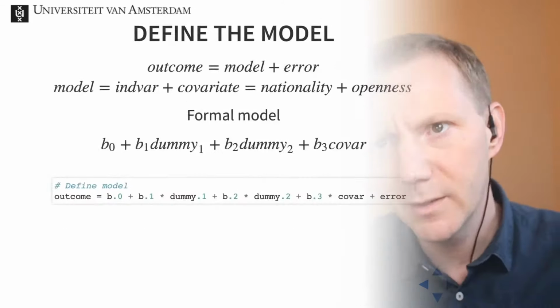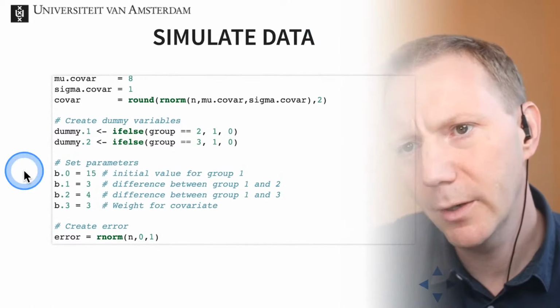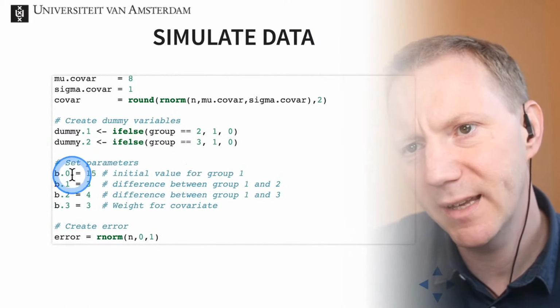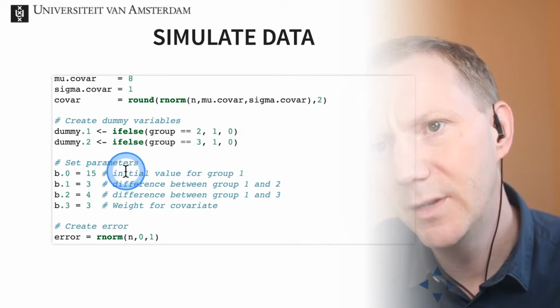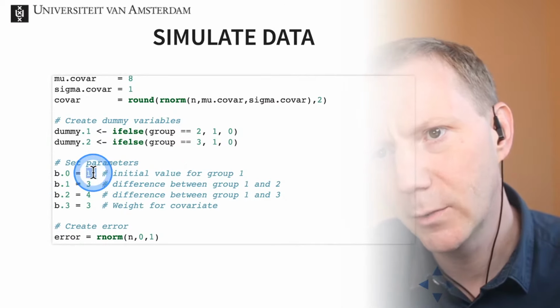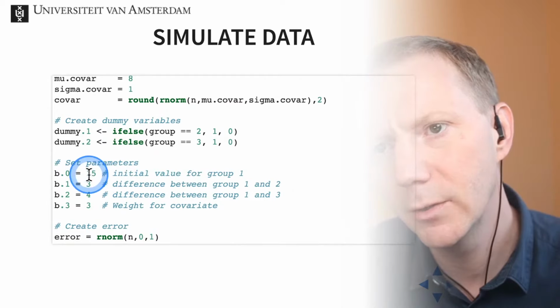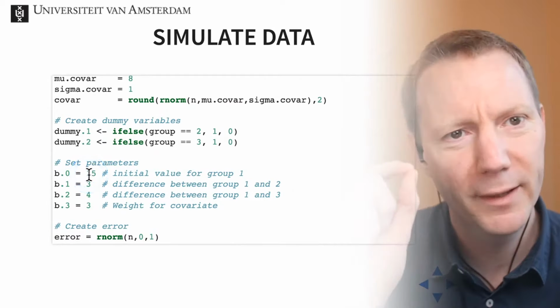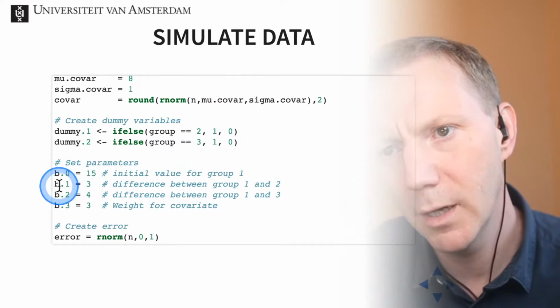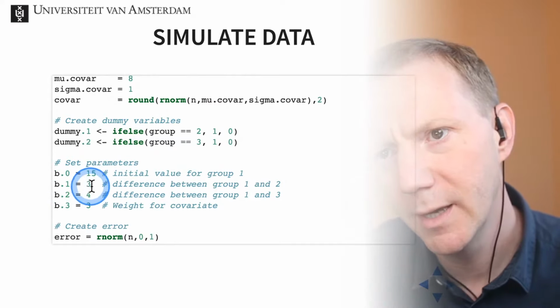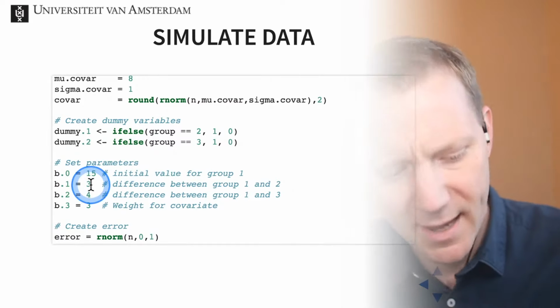Yes, that is. If you're a Dutch person, then your expected score, your actual mean within that group, is 15. If you're a German person, then what is that?